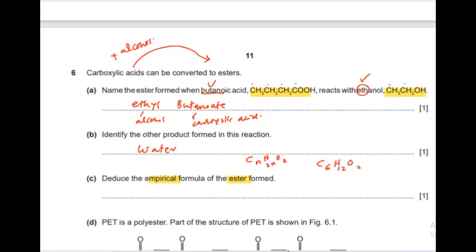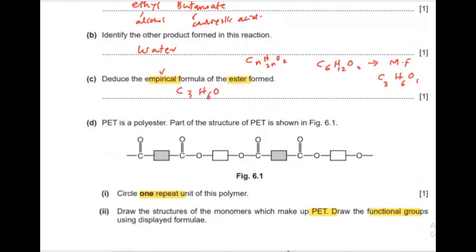So C6H12O2 is the molecular formula. If you simplify this formula, you will get 1, 6, and 3. So C3H6O, that is the empirical formula. He's not talking about the molecular formula, he's talking about the empirical formula. So this is the simplest formula.